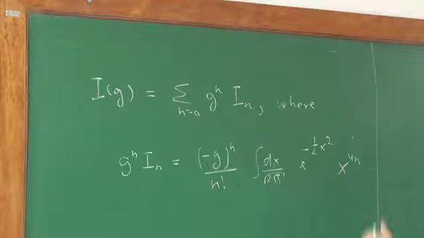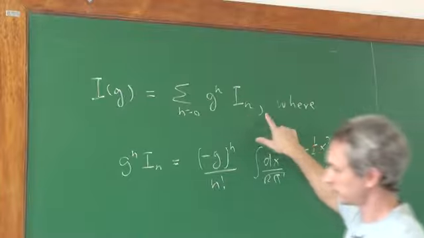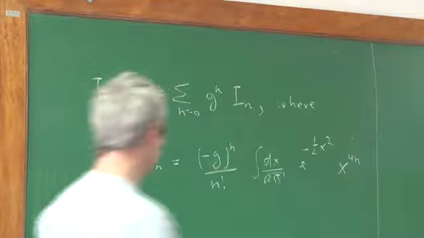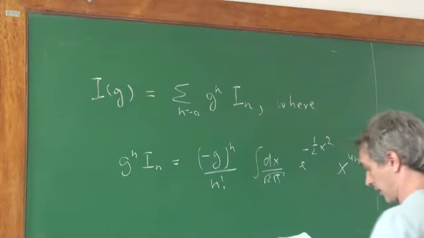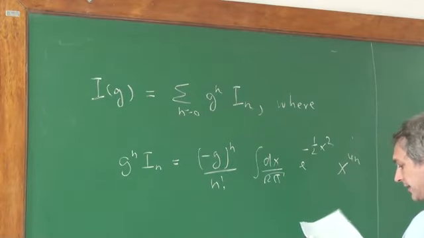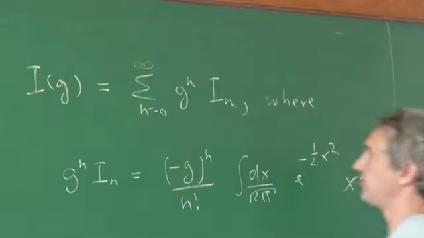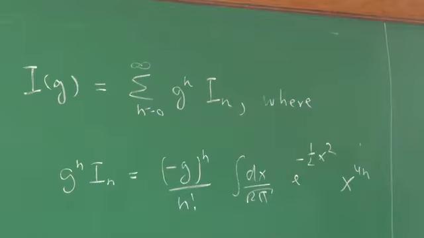Okay? So this is just what we get if we expand in powers of g. And all that we have been always saying is, well, we start at some n equals 0. If it was a Taylor expansion, we would expand this up to infinity. Okay?